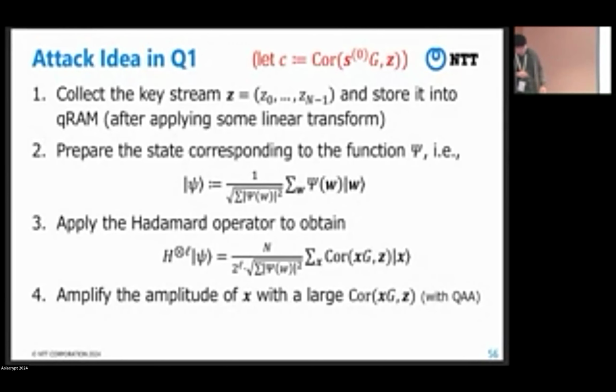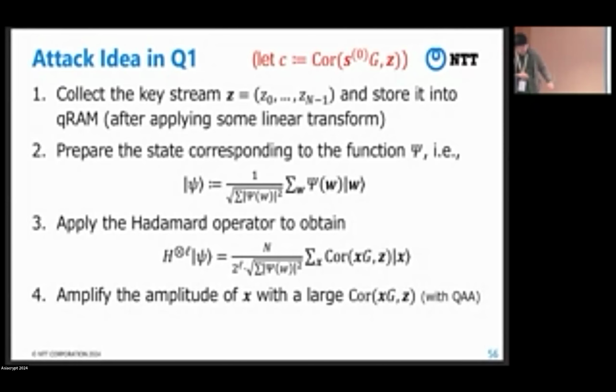And the final step of the attack in the classical setting was very simple, but here I would like to apply the quantum amplitude amplification technique. Because here we do not have direct access to the value of linear correlation, as the correlation is encoded as quantum amplitude in the quantum state.